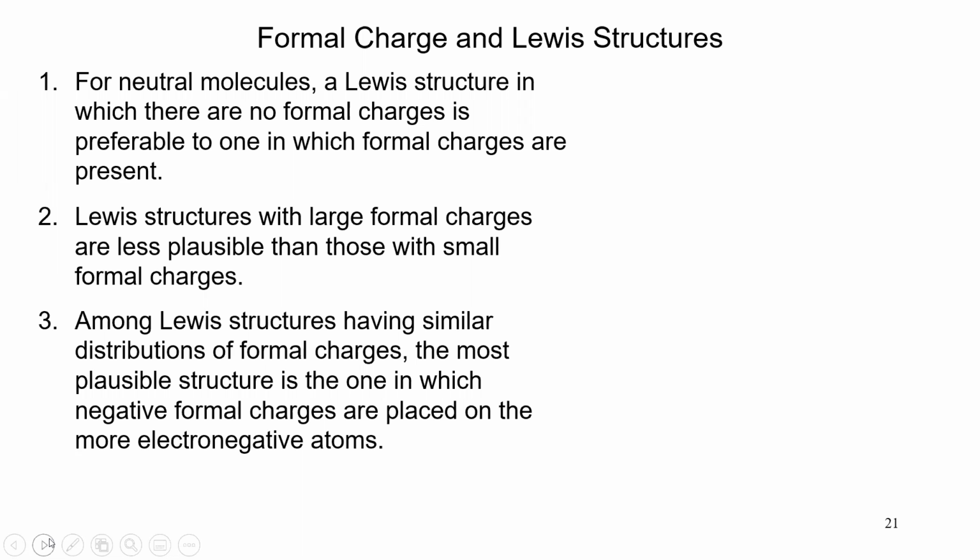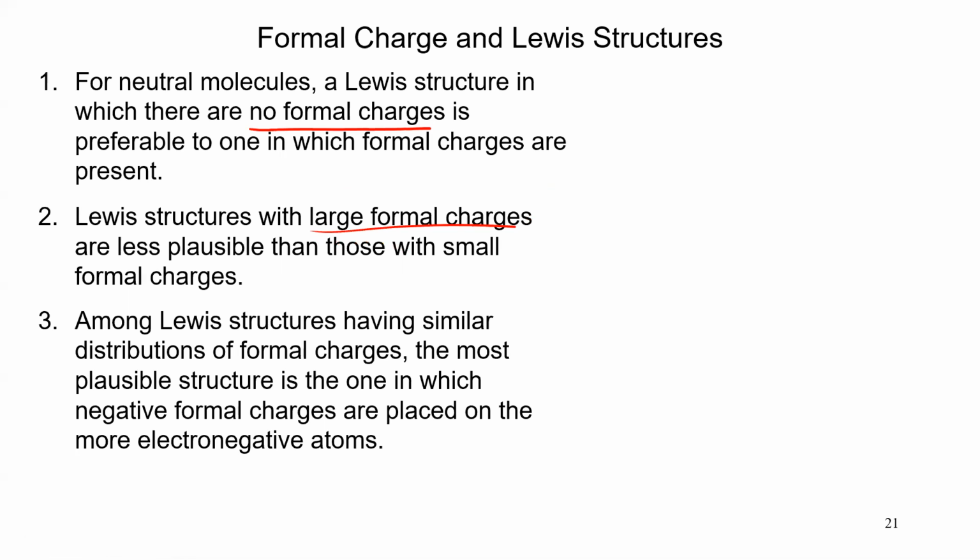Again, I mentioned some of these things. For a neutral molecule, like we just did with formaldehyde, structures with no formal charges are going to be better than ones that have formal charges. That's why we chose the one on the right. Up to this point, we've always seen formal charges of plus or minus 1, but there are some Lewis structures you could propose with formal charges of plus or minus 2 or 3.